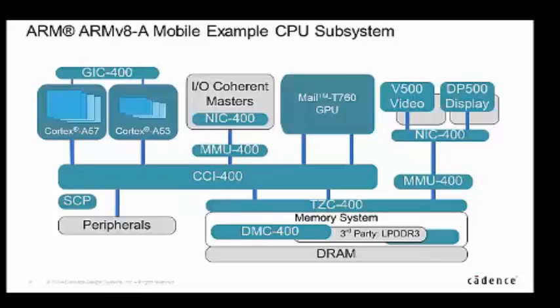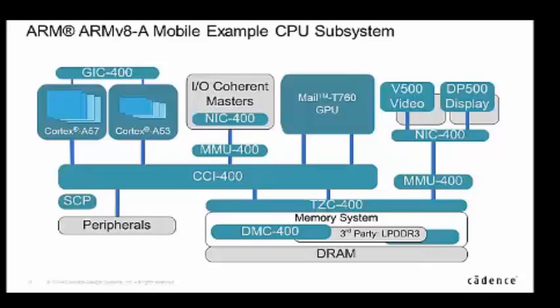That's key because the coherent domains share caches in the processor clusters. So the L2 caches are shared both between the clusters, but also potentially the GPU, or if you've got high-speed comms, you can make that coherent.